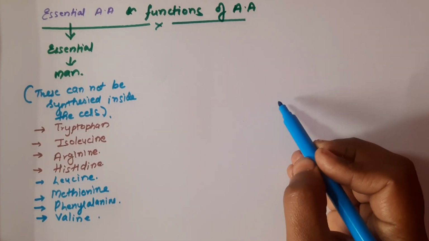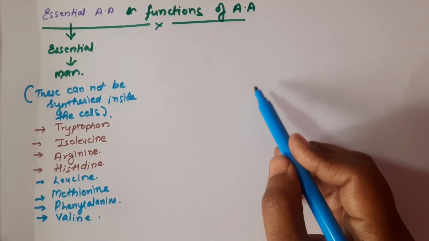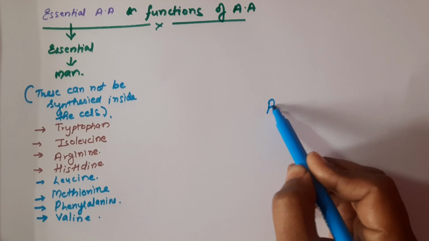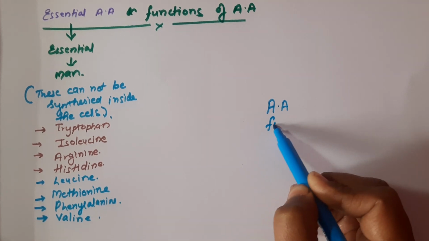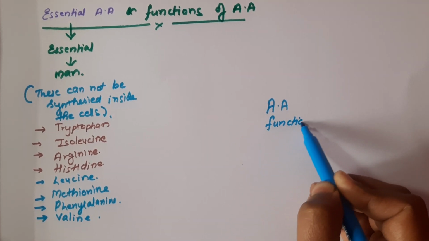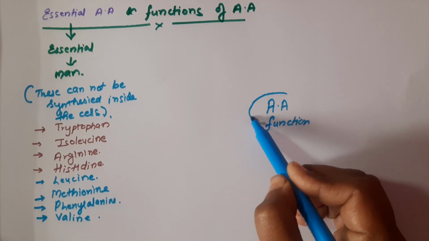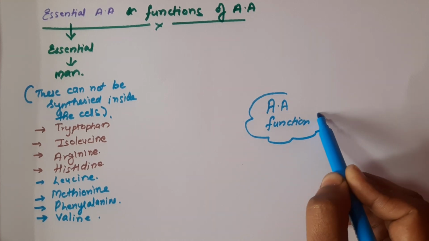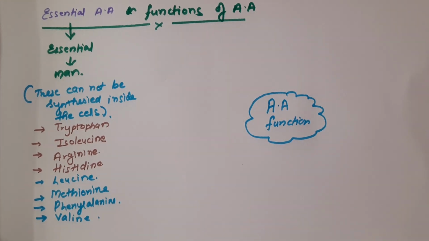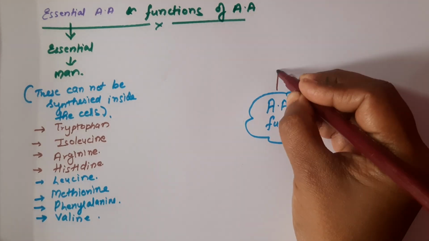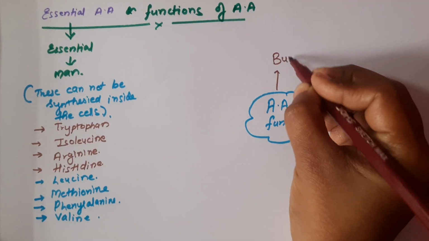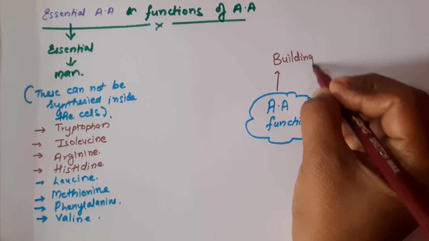Next we will cover in this video the function of amino acids. So what are the amino acid functions? Amino acids are the building block. Okay, building block of what? They are the building block of protein.